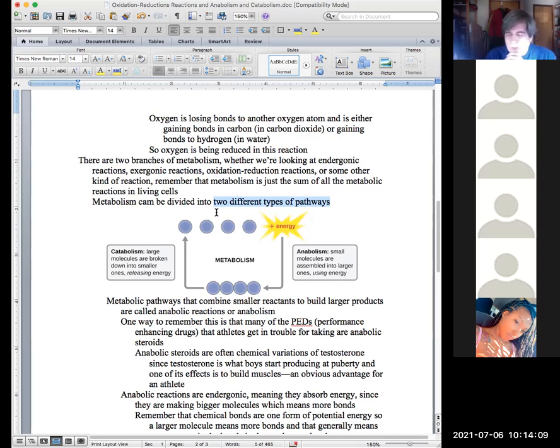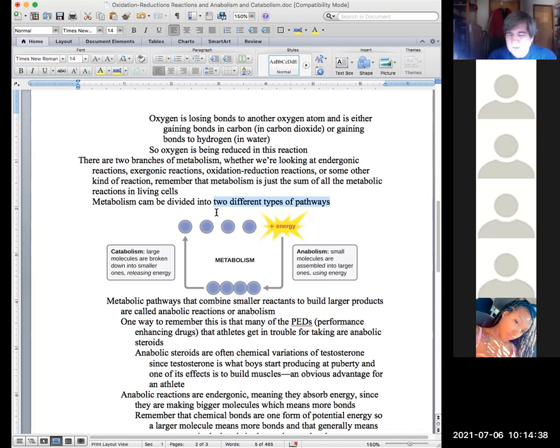And if you think about what we talked about a few days ago, this is going to be a hydrolysis reaction. So when we think about catabolism, it's going to be big molecules to small molecules. We're going to be breaking molecules down. It's going to be exergonic or exothermic. We're going to release energy because we're breaking bonds and energy is stored in chemical bonds.